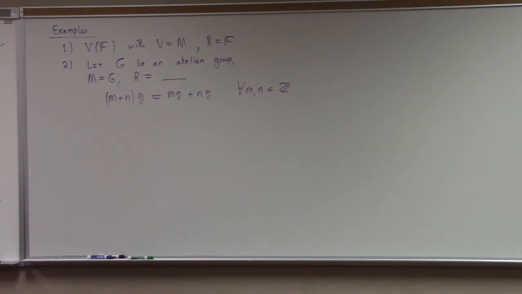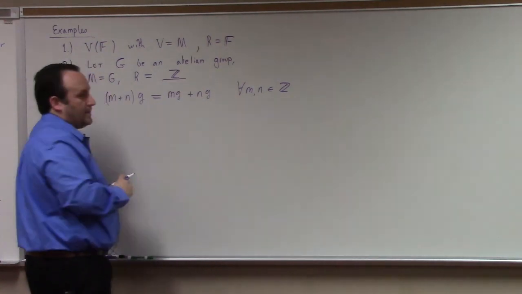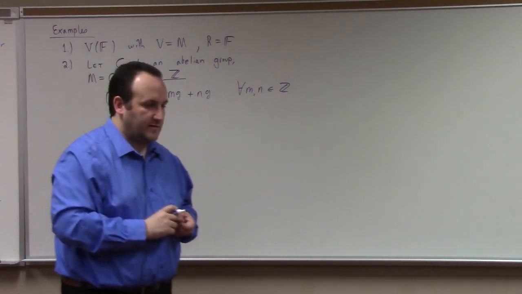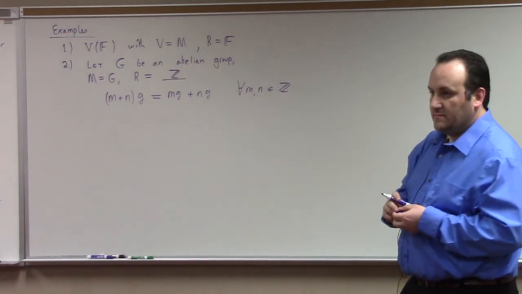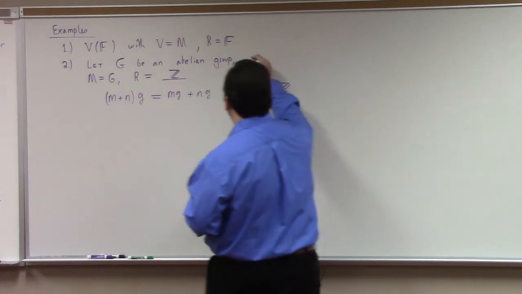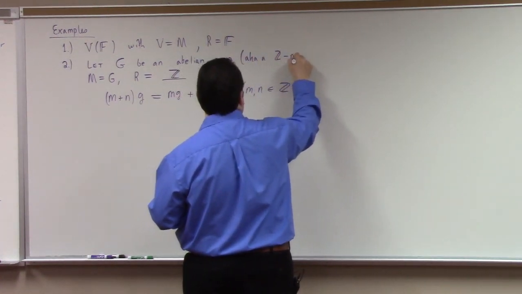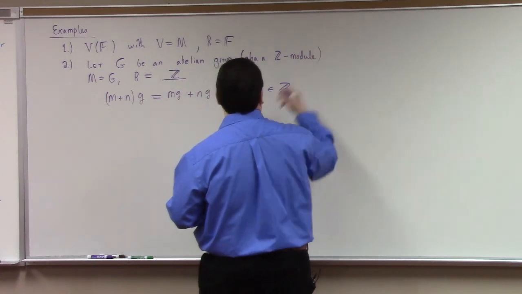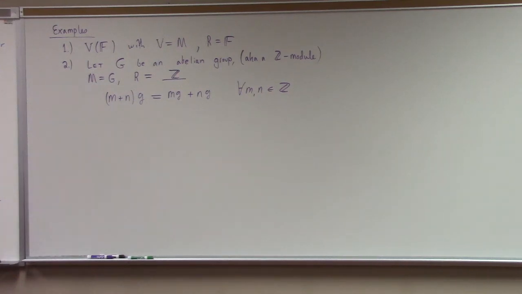And then the integer 1 times a group element is just the group element again, and so forth, right? So in fact, R is equal to Z. So this is, in short, why we can say that an abelian group is in fact a Z-module. So a Z-module is an abelian group, and in fact, those are interchangeable.